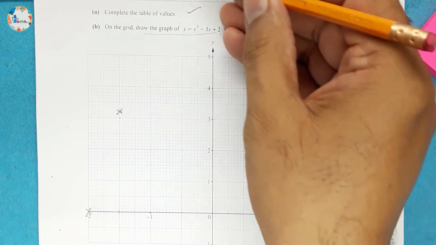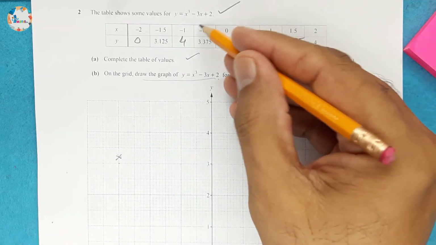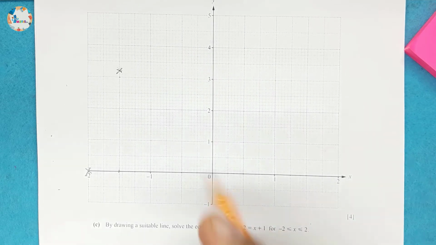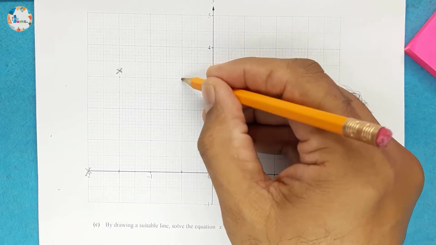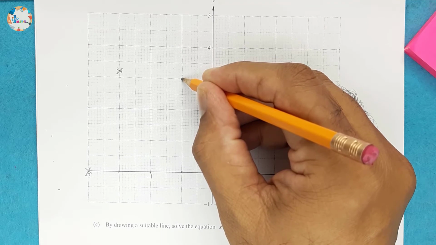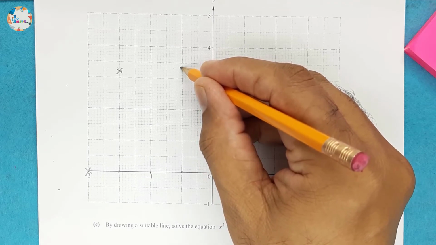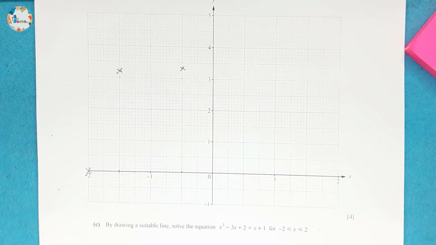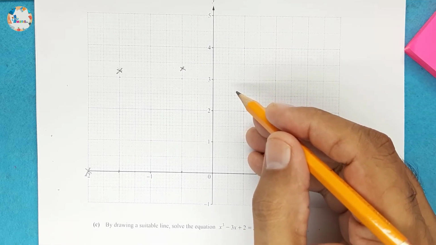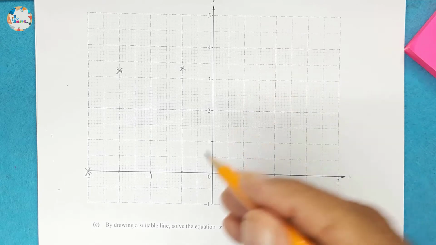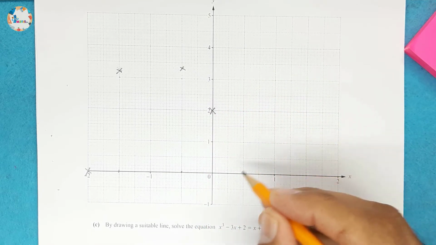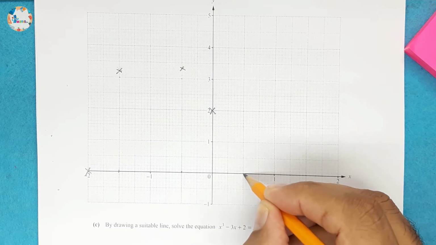Next value is 0.5 and 3.375, which will also be closer to this. And the next value will be 0 and 2, which will be this point. Then 0.5 and 0.625 will be this one.